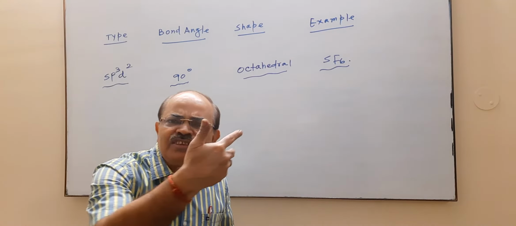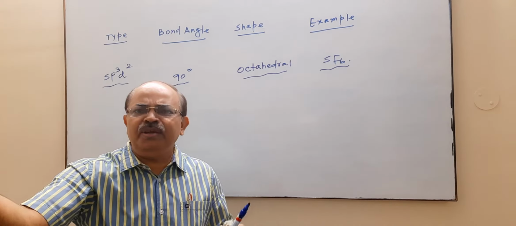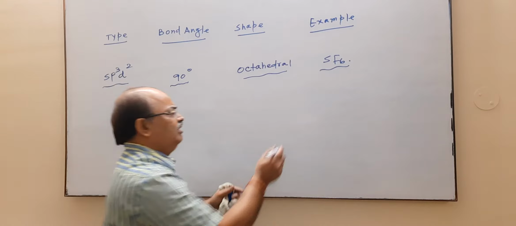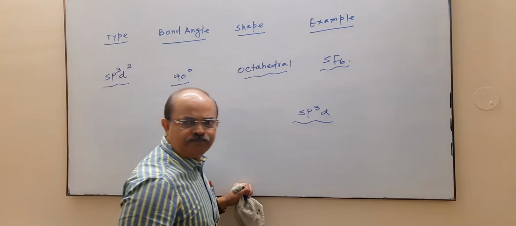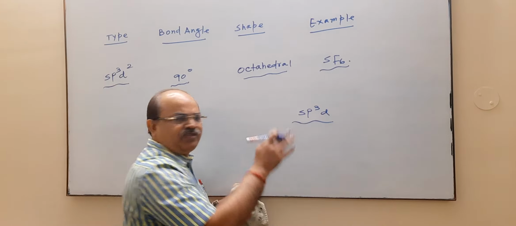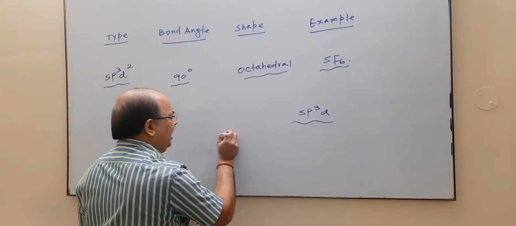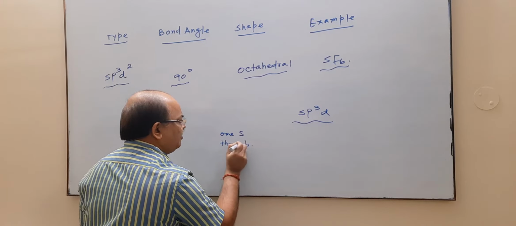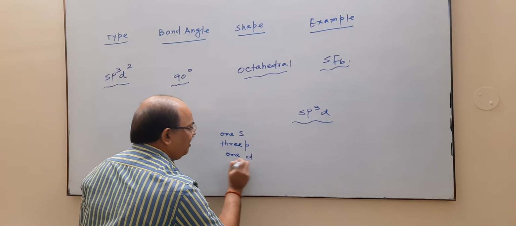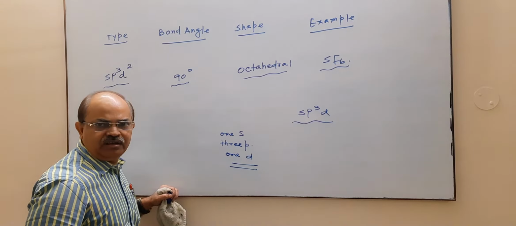Now why do we say 6? In sp3d we said 5. Why? Because if you consider sp3d hybridization, before hybridization 1s, 3p, and one of the d orbitals intermix together.